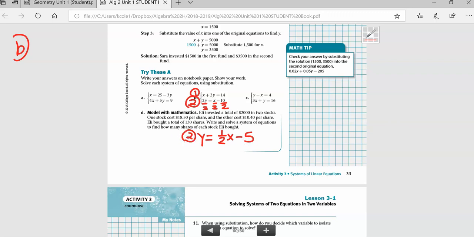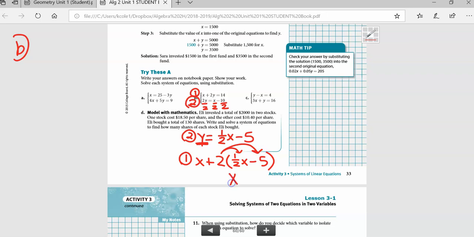I'm taking that equation 2 and I'm plugging it into equation 1 for y. So I have x plus 2. Instead of y, I'm plugging in 1/2 x minus 5. Okay, so then I distribute. What's half of 2?